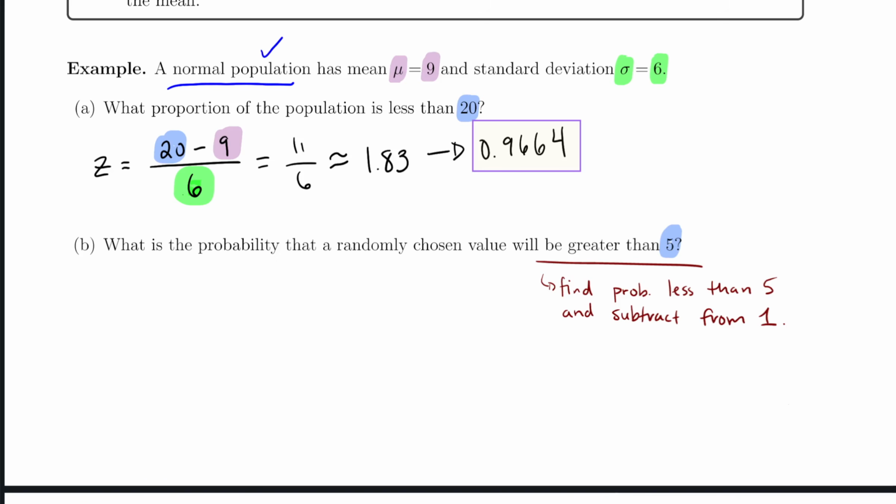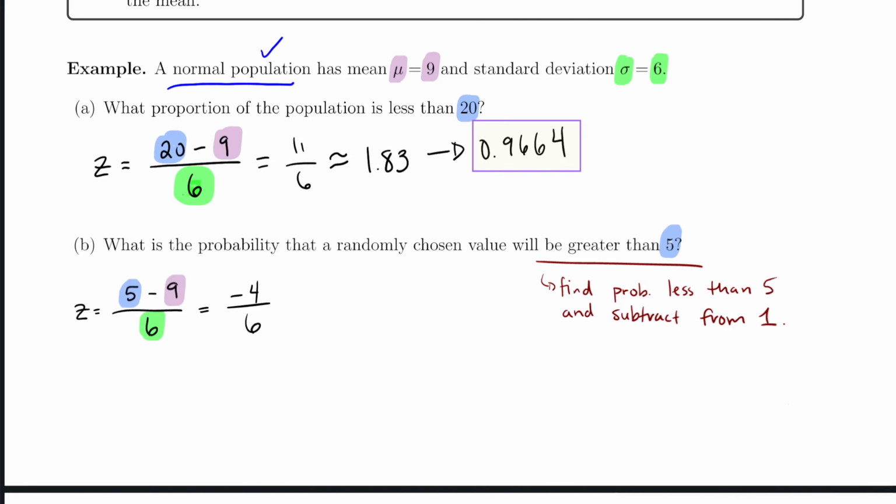So our strategy will be find the probability less than 5 and subtract from 1. However, 5 itself is a normal value, so we need to first transform it into standard normal. We take the x value minus the mean, divide it by the standard deviation, and we get -4 divided by 6.